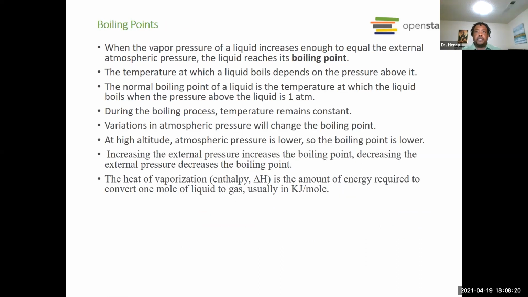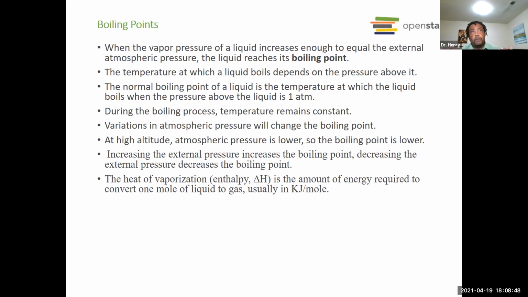Okay, so boiling points. You guys already know what the boiling point is, but specifically, the boiling point is just when the vapor pressure of a liquid increases just enough that it's equal to the external pressure, or external atmospheric pressure.